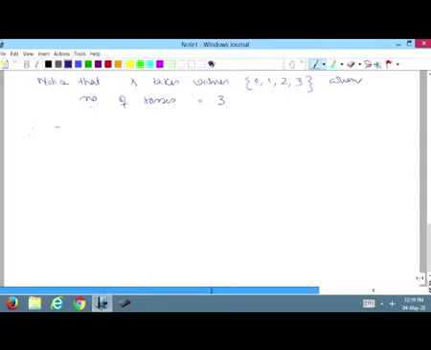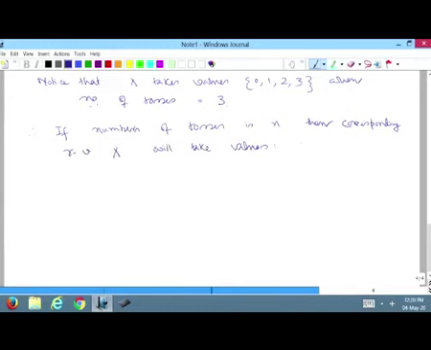Therefore, if the number of tosses is n, then the corresponding random variable X will take values 0, 1 up to n, because there can be no head, 1 head, up to all n tosses giving head.